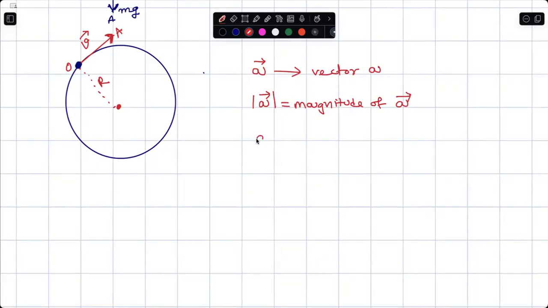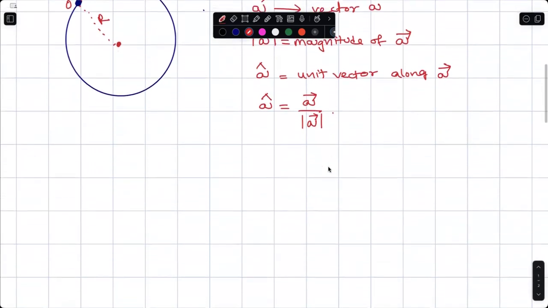Similarly, there is another thing, A cap. This is called unit vector along A bar. So therefore, A cap is defined as A bar by magnitude of A bar.